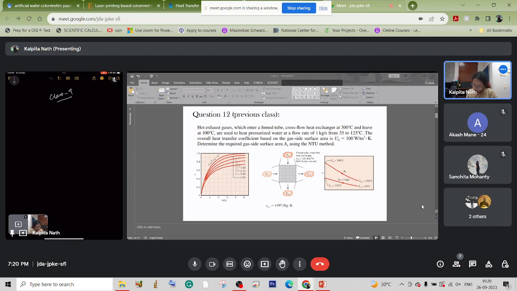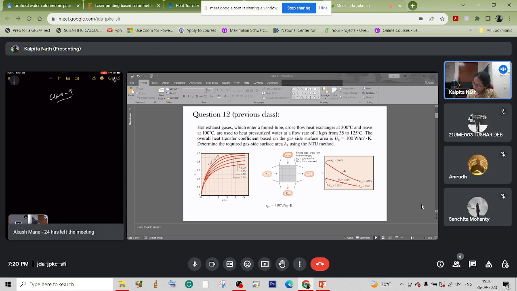Here effectiveness we will calculate, and based on effectiveness and C_min over C_max, that is the heat capacity ratio, we can calculate the NTU, and based on NTU we can calculate the surface area.